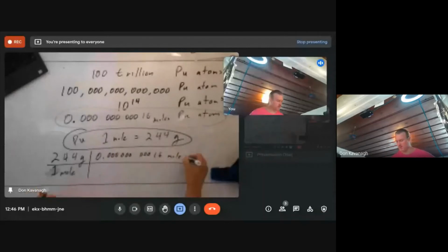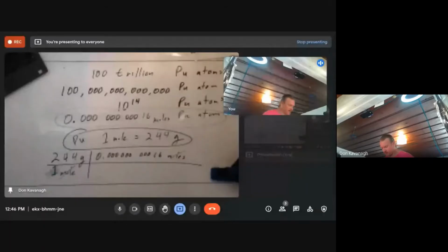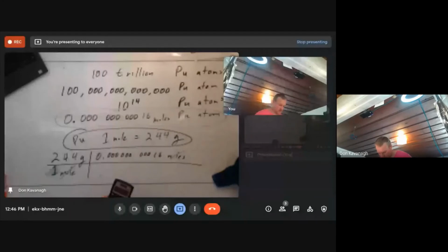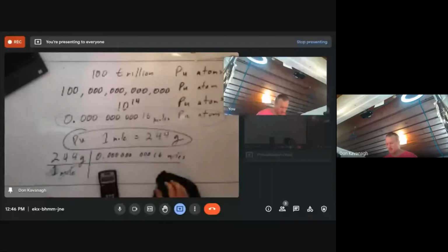Moles cancel out here. So it's going to be how many grams? 9.016 times 244 gives about 4 times 10 to the negative 8 grams.